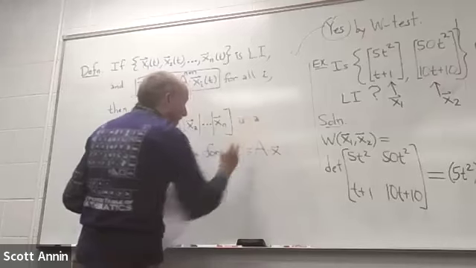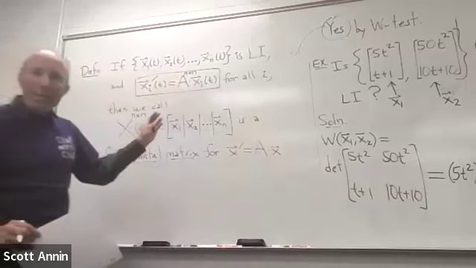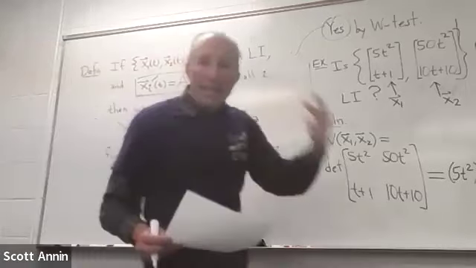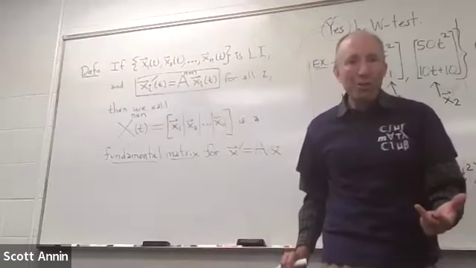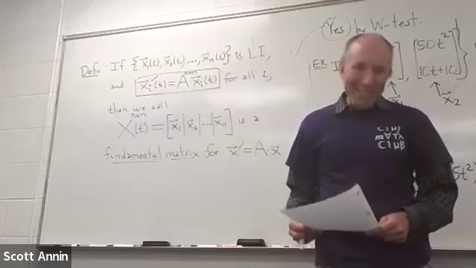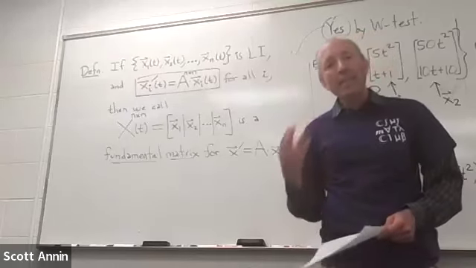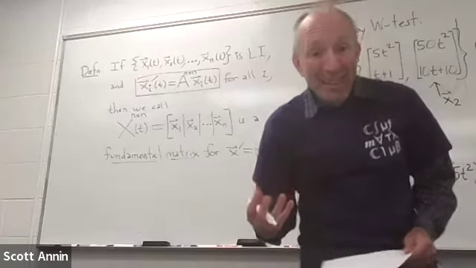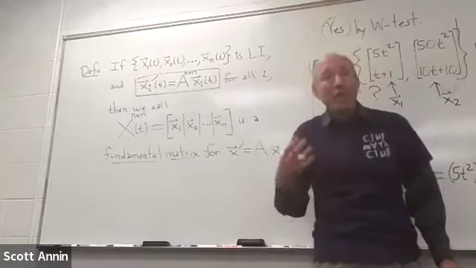So a fundamental matrix is just a matrix whose columns consist of n linearly independent solutions to our linear system of differential equations. It's n linearly independent solutions. Remember, that's a basis worth, right? The solutions form an n-dimensional vector space.